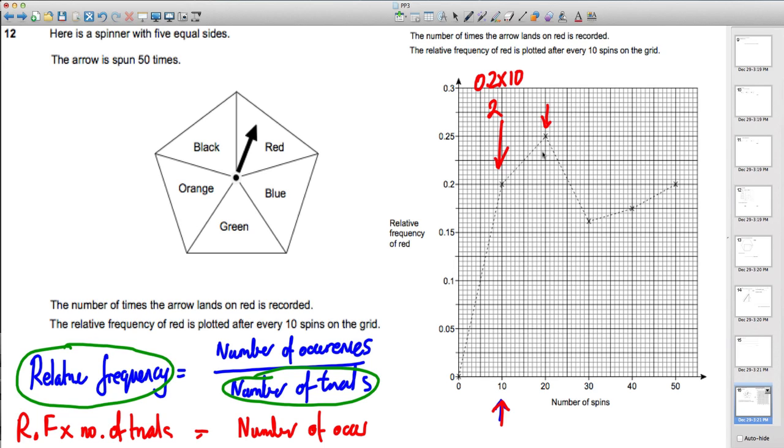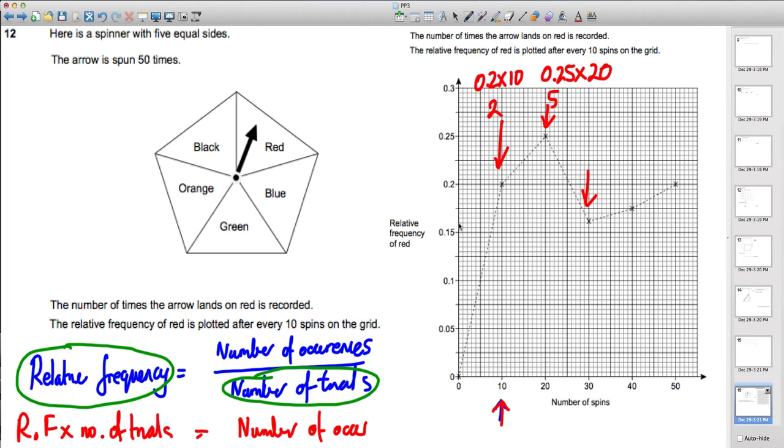What about here? Well, we've had 20 trials and it's 0.25. So it's 0.25 times 20. Well, 0.25 times 10 is 2.5. So times 20 must be 5. What about here? Well, it's 30 times.